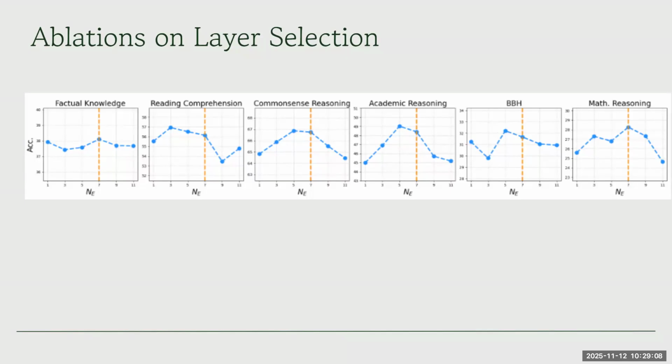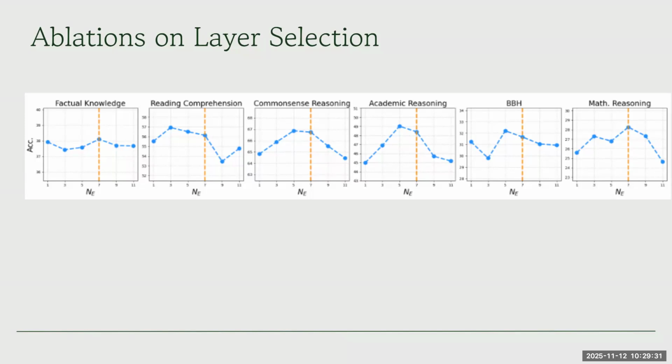They ran ablations over the first 11 layers, so using the first layer for encode, the first two layers for encode, basically different numbers of layers for the encode block, but they did not specify what they used for the decode block, which I thought was interesting.